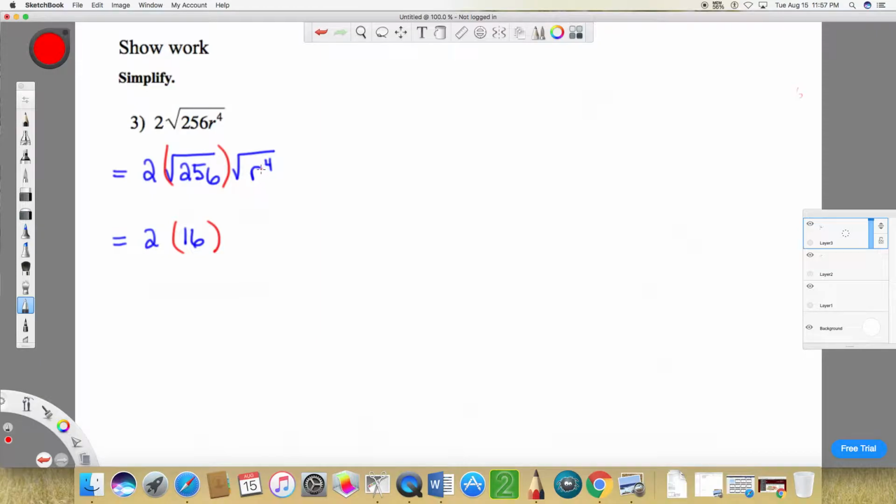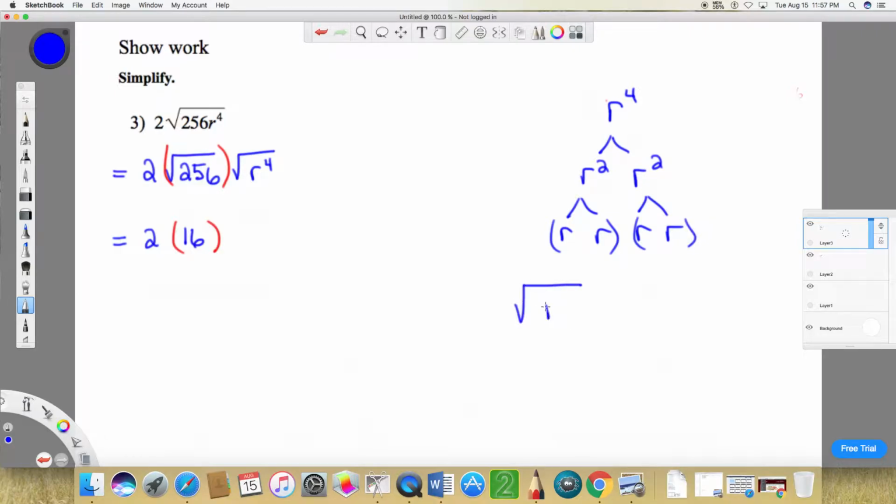So now the variable is a lot easier, because if we come over with r to the 4th power, we know that that's r squared times r squared, and that's r times r, and this is r times r. When you have 4 factors of r, here you have a pair, and here you have a pair.